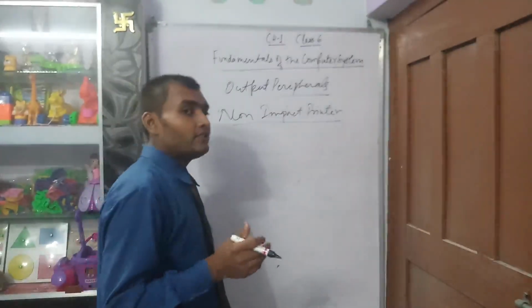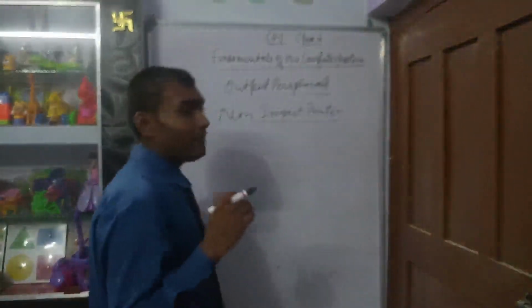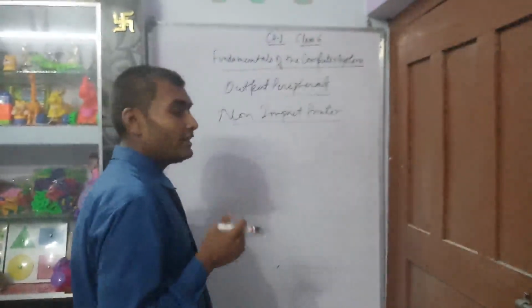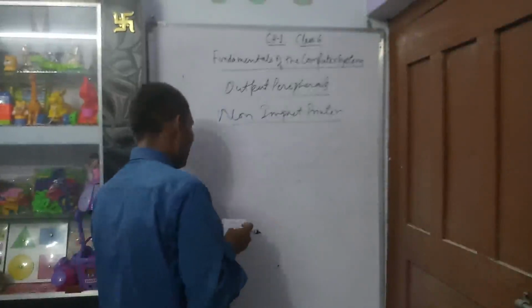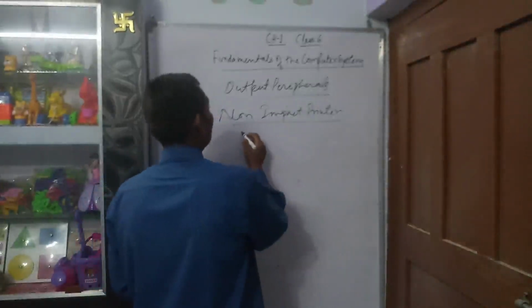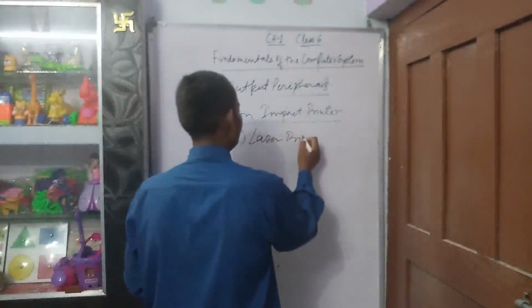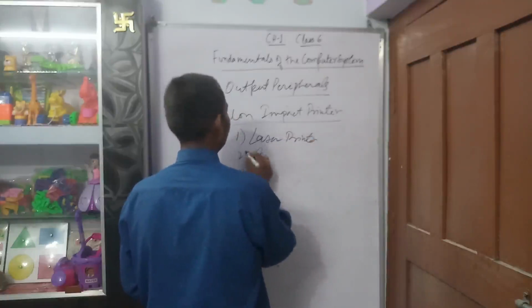The impact printer is very slow and also very noisy. In comparison, non-impact printers have very little noise and work very fast. The examples of non-impact printers are the laser printer and the inkjet printer.